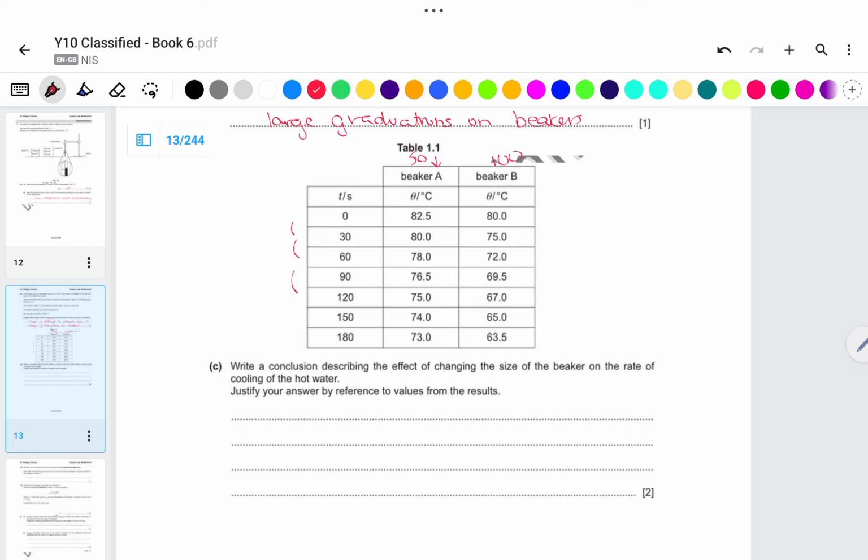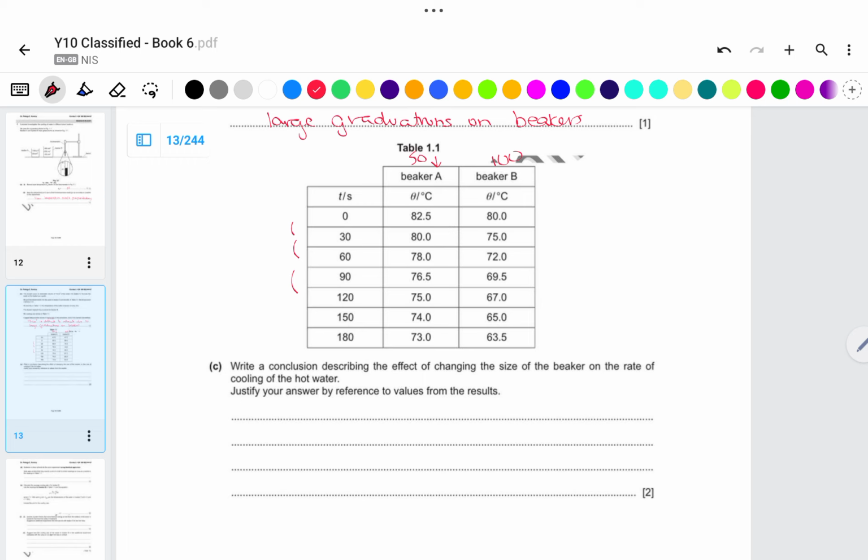As you can see, the reading in beaker A is much more accurate than in beaker B, which has the temperature changes a bit more.